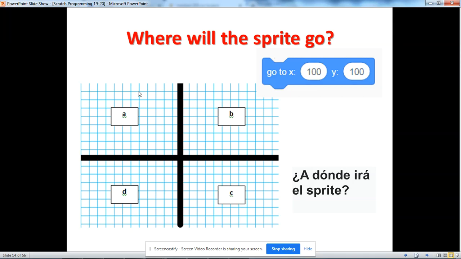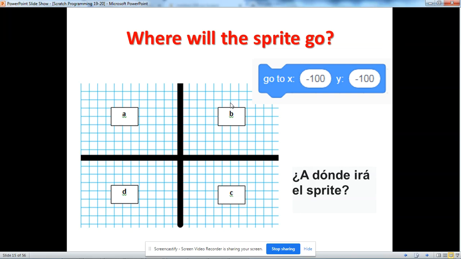Excellent job. If we told a sprite to go to x100, y100, would it land in A, B, C, or D? If you said B, you're correct, because we are adding to the x-axis and adding to the y-axis. Very good. If we told a sprite to go to -100, -100, would it be an A, B, C, or D?